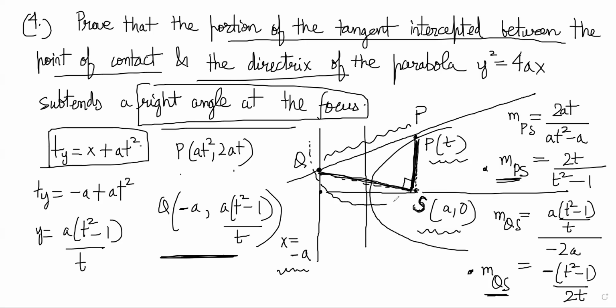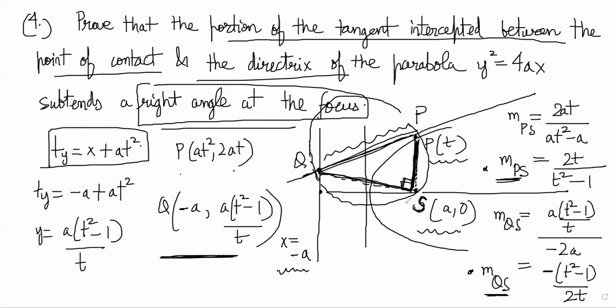If I draw a circle like this with diameter PQ, the circle will pass through the focus because this angle is 90 degrees and this is my diameter, and the angle in a semicircle is 90 degrees, a circle property that you might have learnt in lower classes. That means S lies on the circle, right?